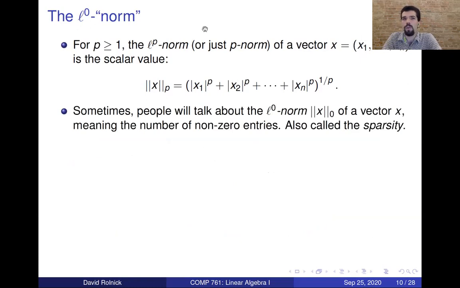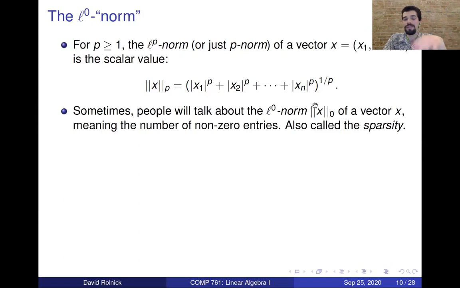And an intuition for why this is called the L0 norm is if you set p equal to 0, this doesn't really make sense, but the 0th power of something is equal to 1. But 0 to the 0 could be equal to 0. So basically, all of these are 1 unless the entry is 0, in which case it's 0. So that's the sort of intuition for why the L0 norm is that.